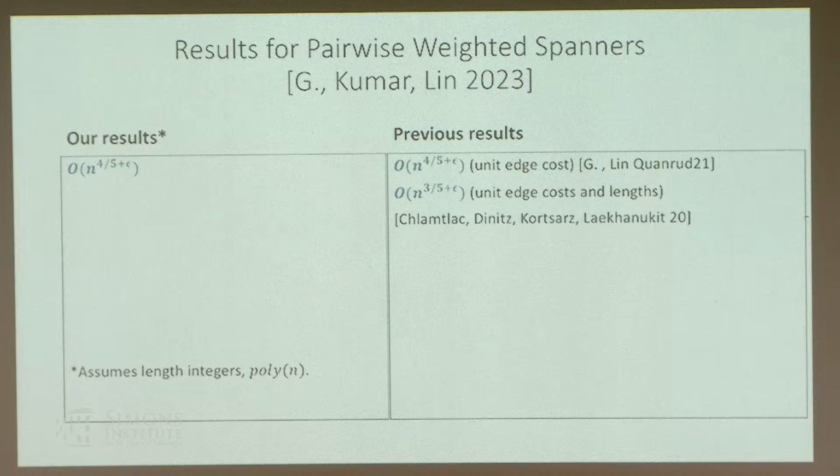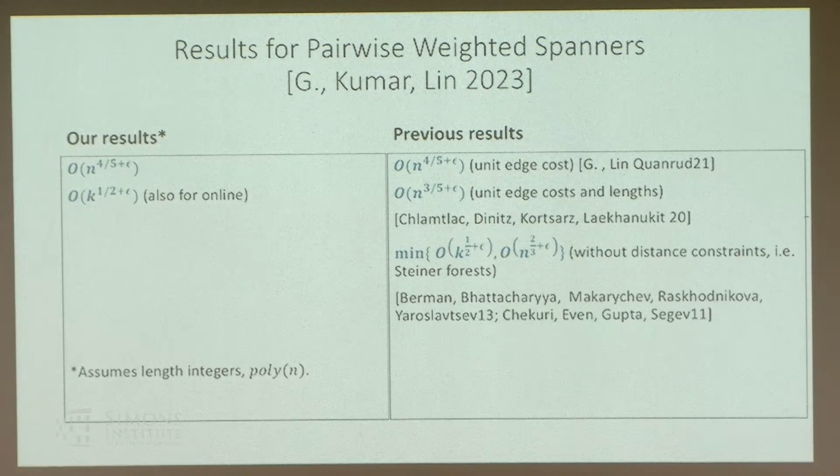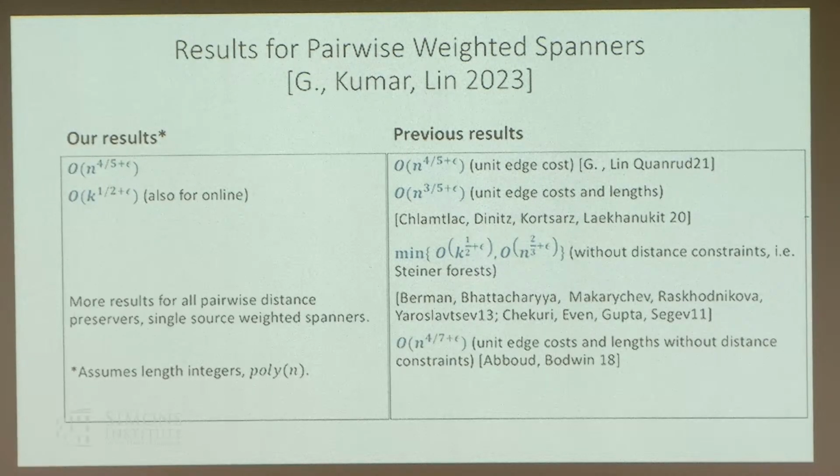One thing I should say is that our results for this more general version are very comparable to results in the unit cost setting. So n to the 4/5 plus epsilon, also k to half plus epsilon, which are also the results for the Steiner Forest problem, which is what essentially this formulation generalizes.